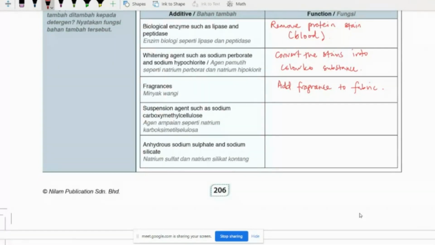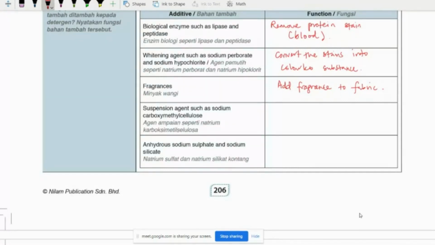Next, suspension agents such as sodium carboxyl methyl cellulose. What is the function? To prevent the dirt from redepositing onto the cleaning fabrics. Some stains are already removed during the cleaning process, but sometimes they will redeposit onto the fabric again.